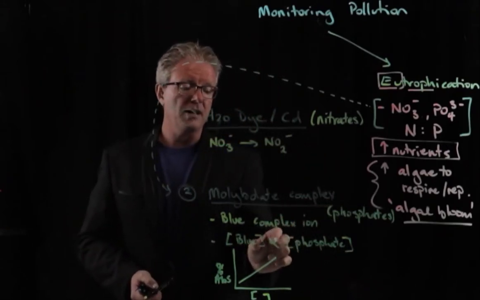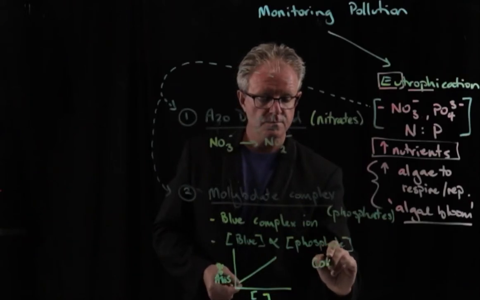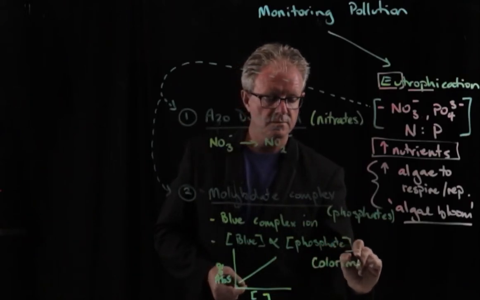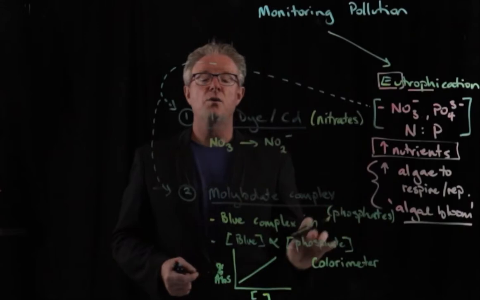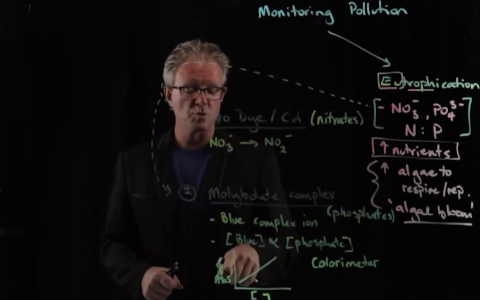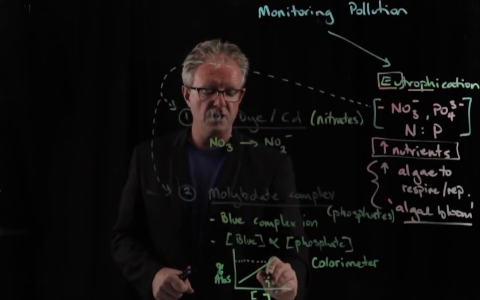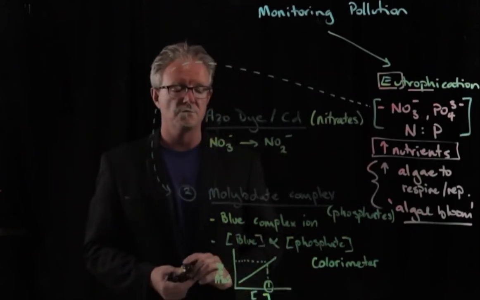You then put the color into a colorimeter. The colorimeter will work out a percentage absorbance. You then find that percentage absorbance across here, go to your standard graph, go down, and you'll have a concentration of phosphates.